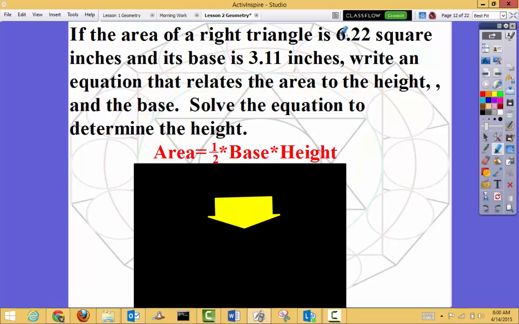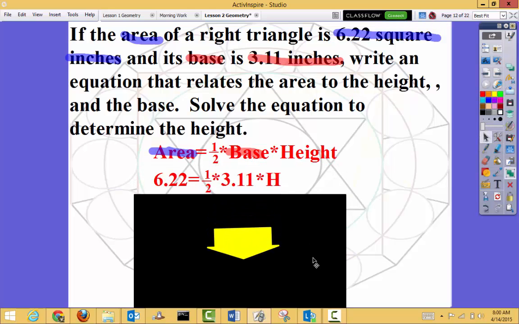I know this is the area, so that's going to go right here. And its base is 3.11, so that's going to go here. So I'm just going to fill that in, and there is my equation. It was asking me to write an equation, and that is what I did here.